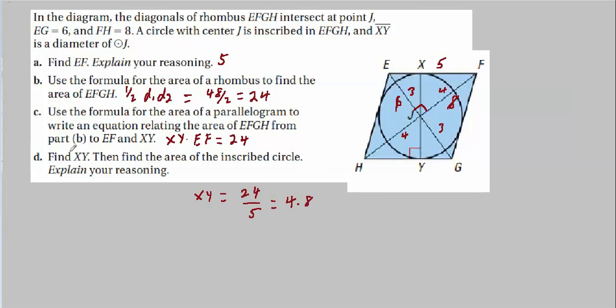Well, if xy is 4.8, maybe it'll fit in here. Find the area of the inscribed circle. Well, xy also is a diameter, which means the radius is 2.4. Let's not get confused with this. 2.4, they wanted the area, right?